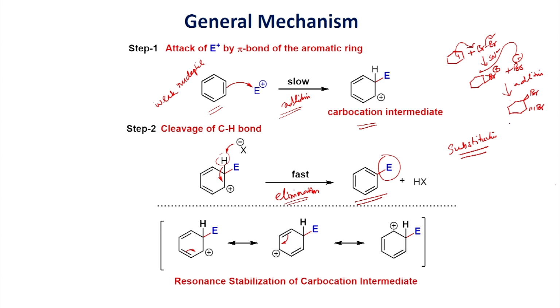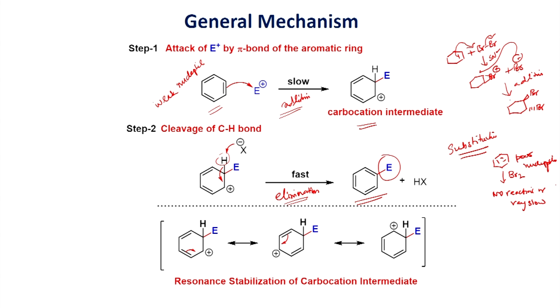When you react benzene with bromine, there is no reaction or it is very slow. This is because benzene is a poor nucleophile.